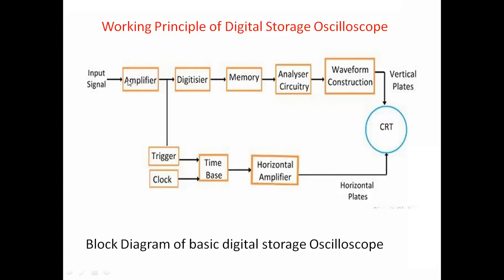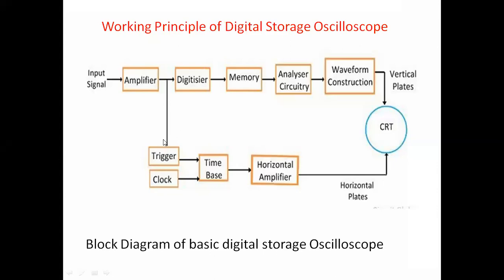The amplifier amplifies the strength of the applied input signal, and it is given to the digitizer. The same signal is applied to the trigger, which is for the generation of the x-axis.